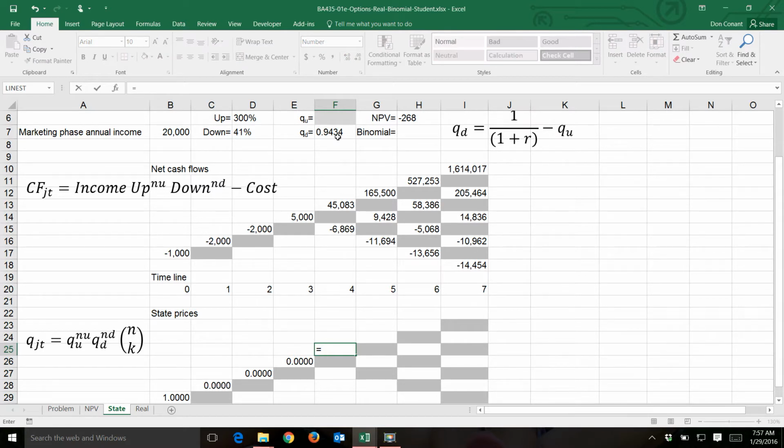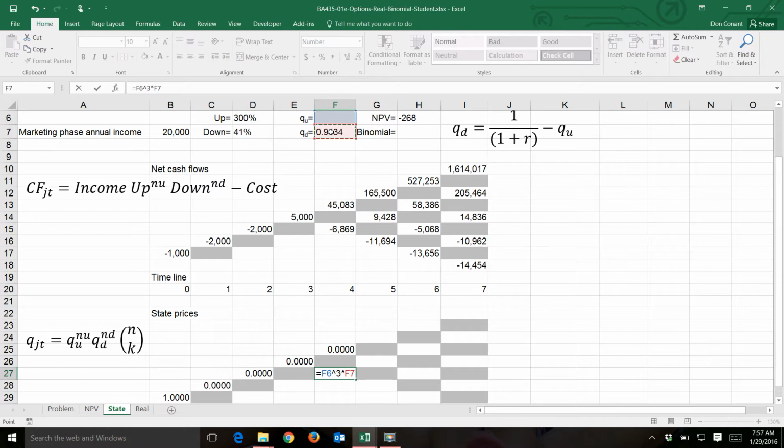In this case, we would have had an up market for the fourth period. And in this case, we would have had an up market for 3 periods, and we'll multiply a down market for 1 period.